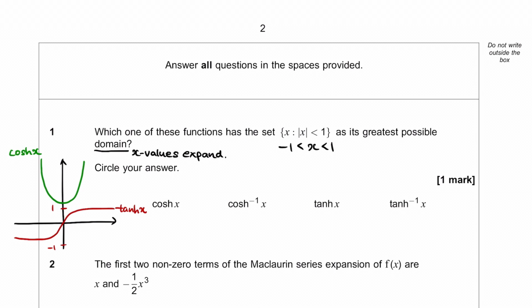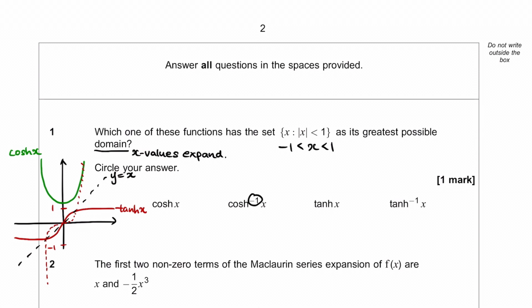And you have the inverse of the hyperbolic functions. You don't really have to memorize how they look because it's basically a mirror image in terms of the y equals x graph. So for your inverse tangent graph, for example, it's going to look like this in your first quadrant and like this in your third quadrant.